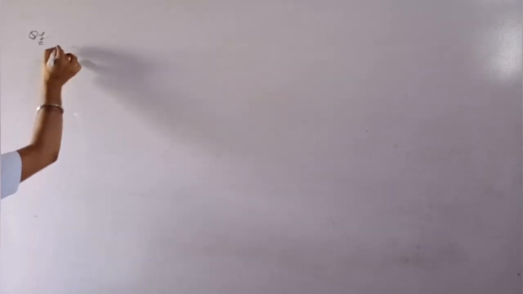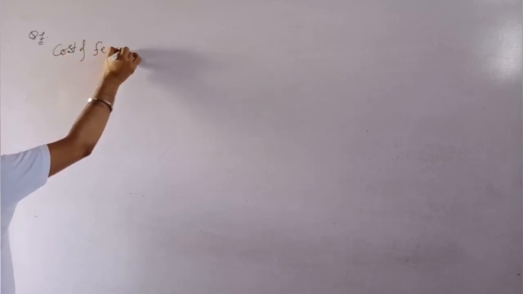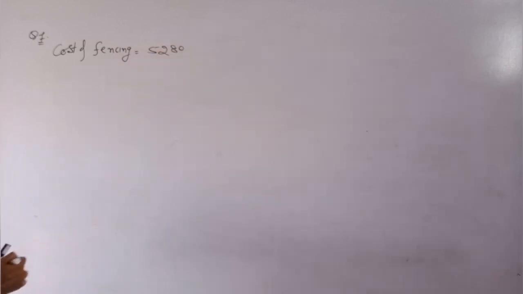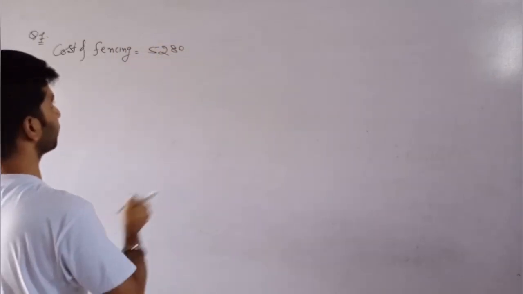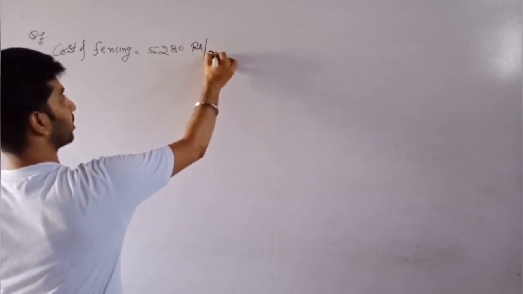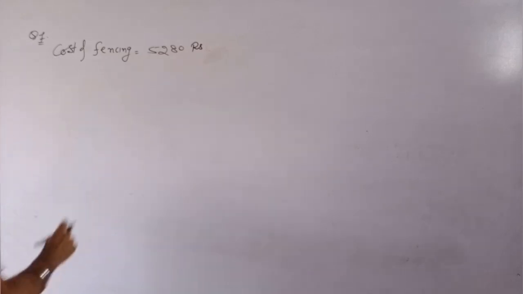What is given? Cost of fencing 5,280 rupees, per 24 rupees. Cost of fencing is 5,280 rupees.